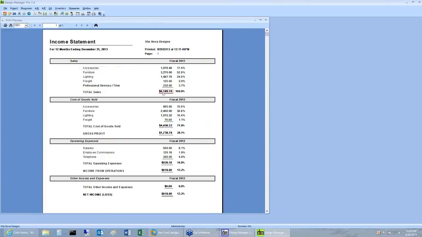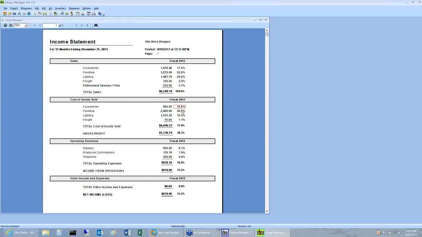That's why you're seeing a total sales here of $6,189. That's 100%. And then 17% of that 100 is accessories, 52% furniture, 24% lighting. The same thing with cost of goods sold. So what it's doing is relating this to a percentage of sales.